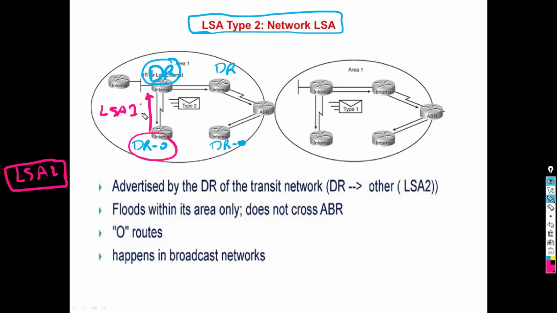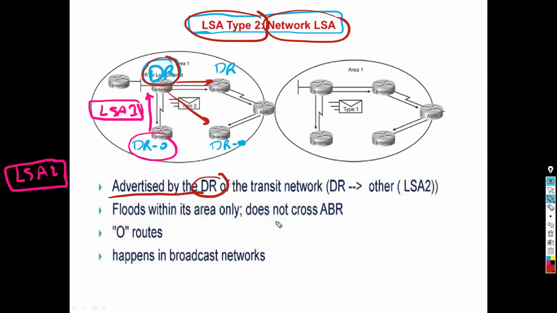Then when the DR router sends this update to each of the DR other routers, these are called network LSA, LSA type 2. It is advertised by the DR.